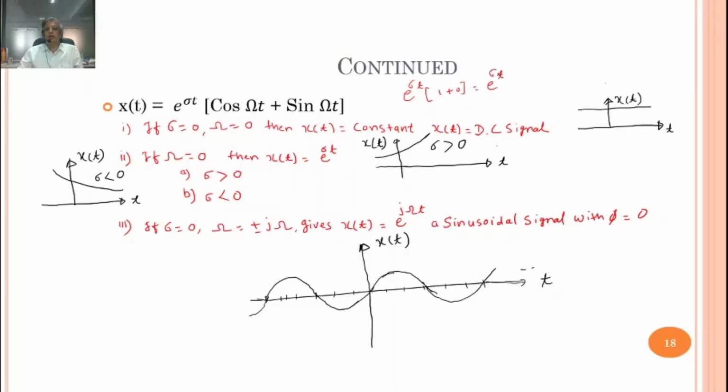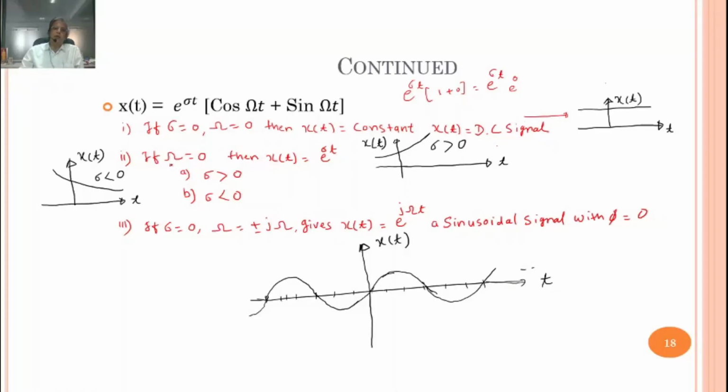Now here sigma is 0, means e raised to 0, then we are getting the DC signal. If sigma is 0 and omega is 0, that time we are getting the DC signal.